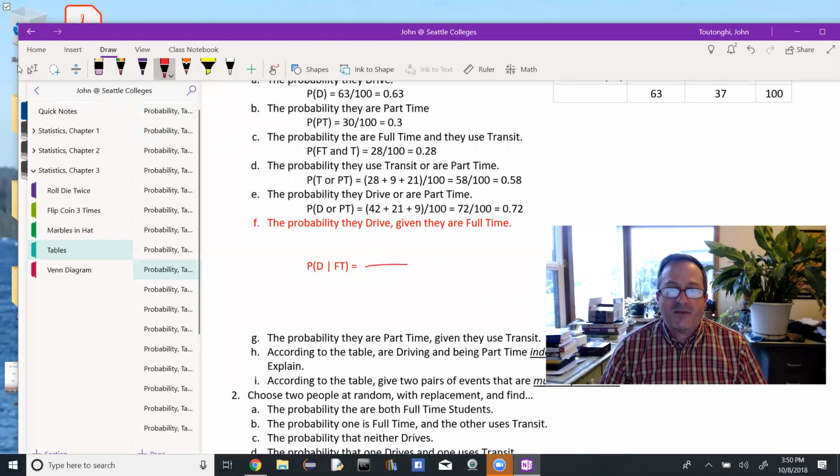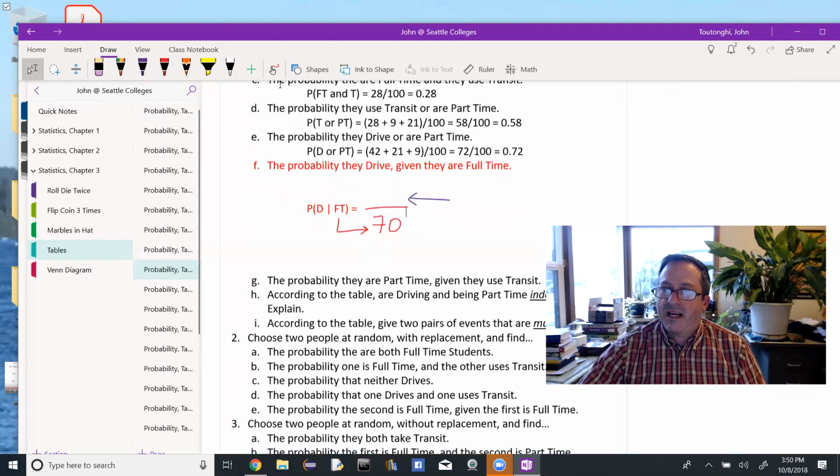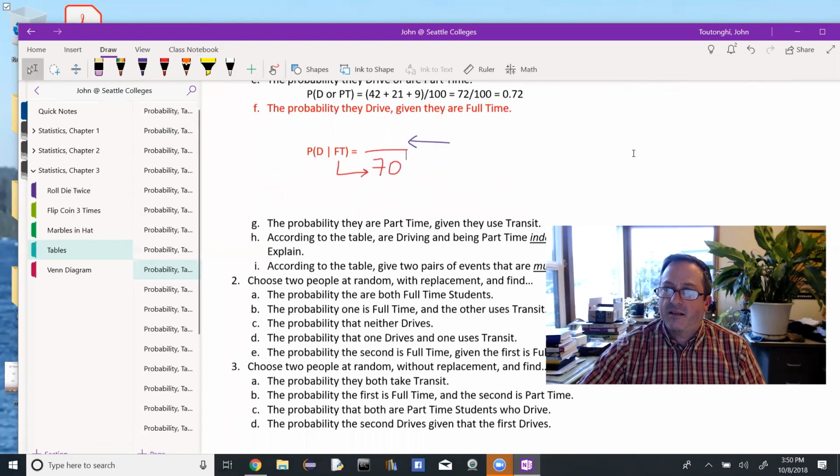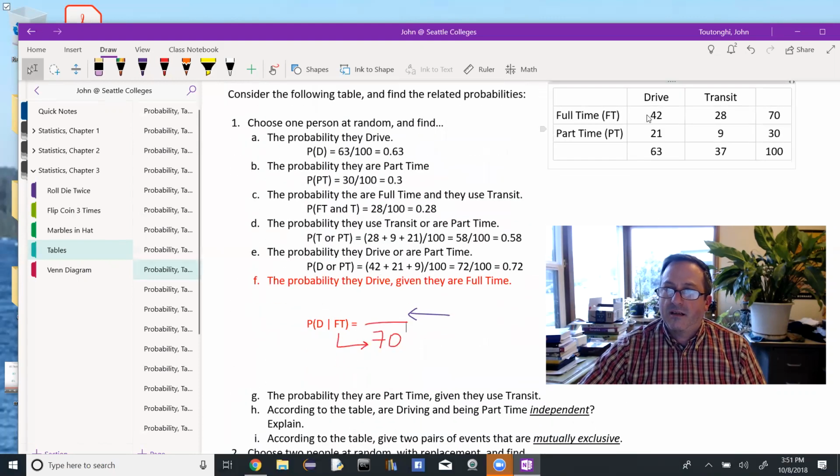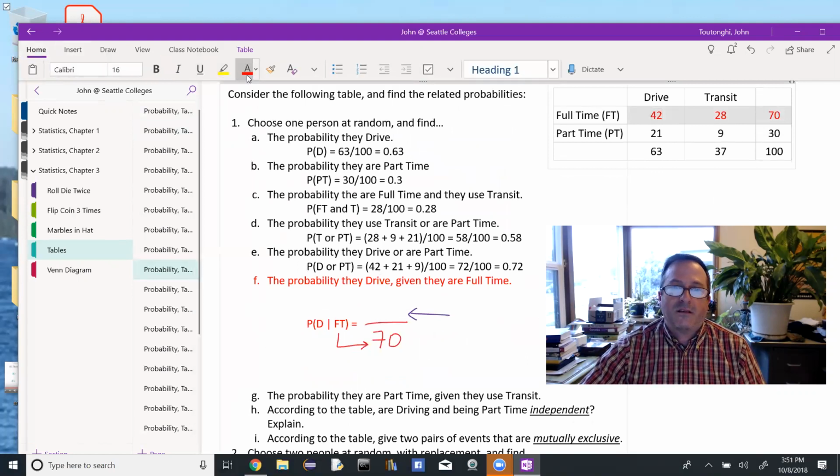Downstairs, how many people are full-time? 70. Upstairs, how many of those 70 drove? And I need to look back at my table here to do that. Of these 70 people, how many of them drove? 42.